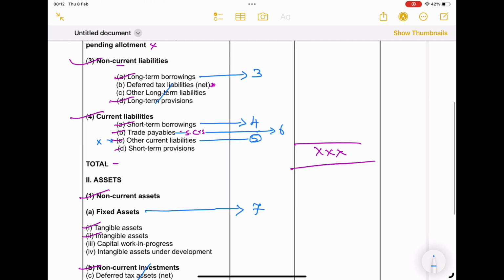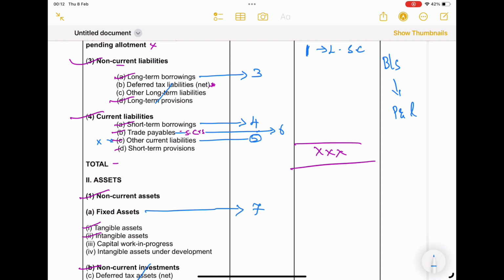So the concept is here, in order to regularize the calculation format, they have given note numbers. For these note numbers, only one thing: it should start with liabilities, that is share capital. Okay, and with the balance sheet you have to move to the P&L account.